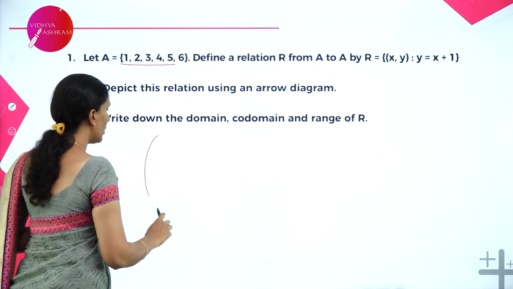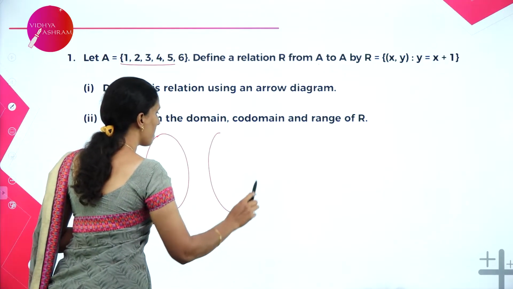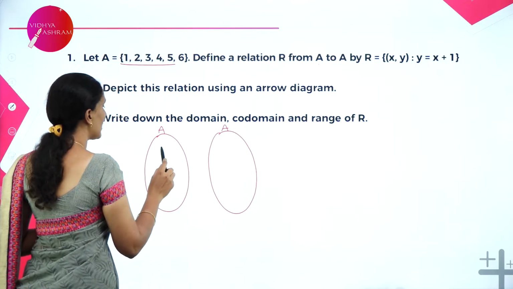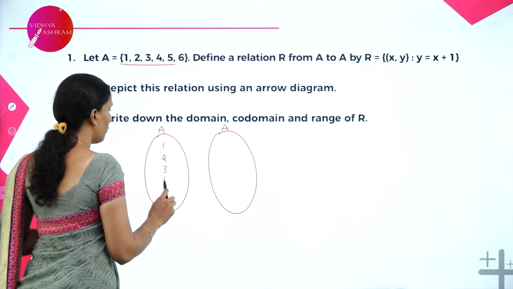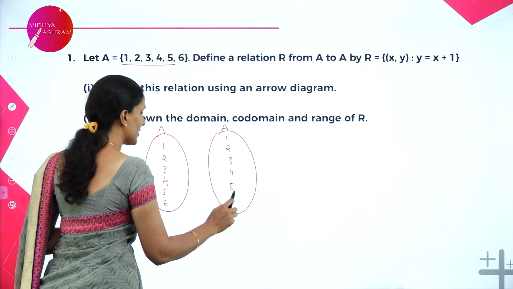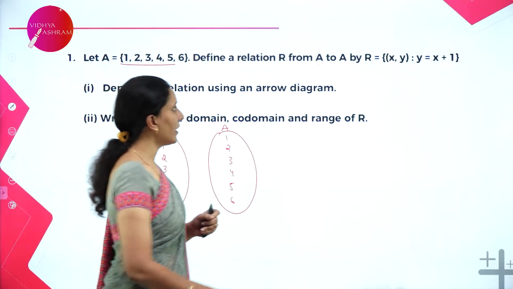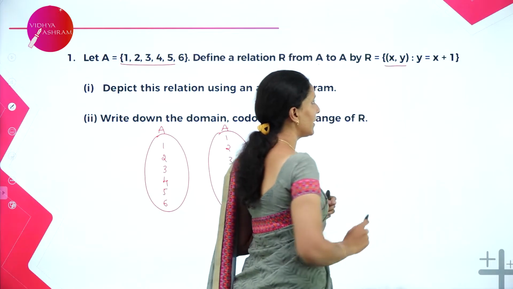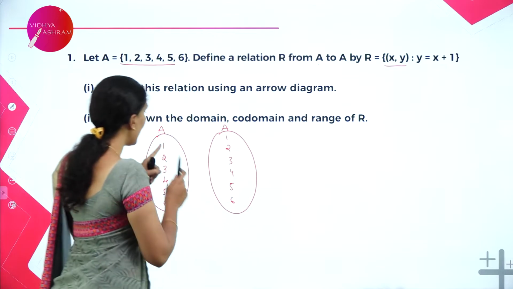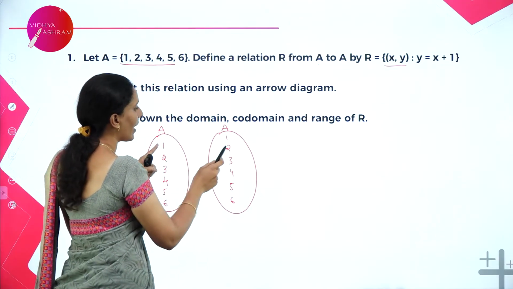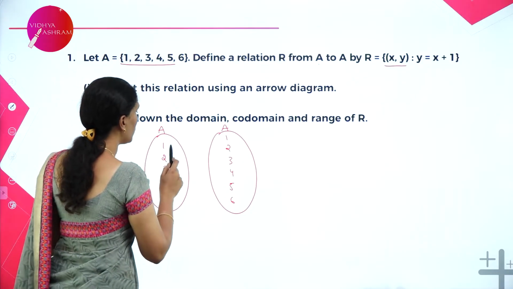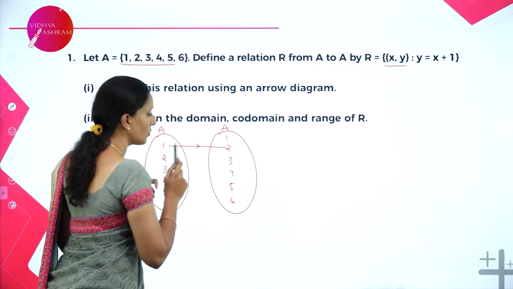So let me write all the elements of set A here. I am defining a relation from set A to A. So we have 6 elements, 1, 2, 3, 4, 5, 6, and again 1, 2, 3, 4, 5, 6. They have given a condition on how to pair the elements: the second element is the first element plus 1. Suppose you take x = 1, then y = 2. So the pair is (1, 2), so I need to pair 1 with 2.